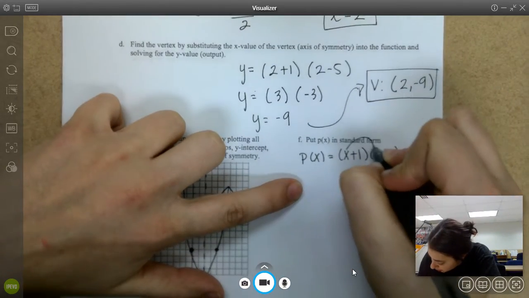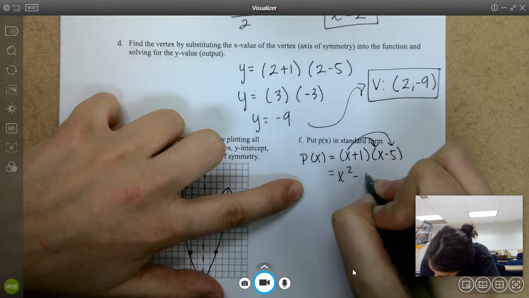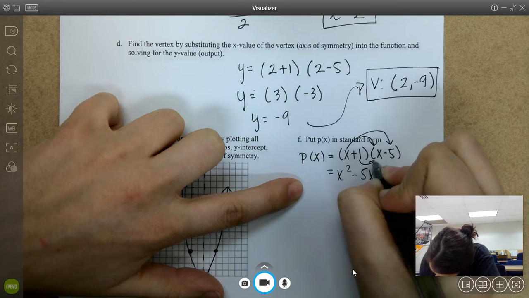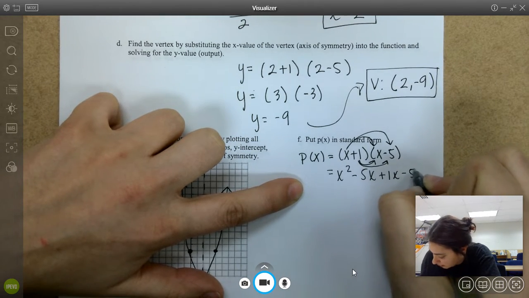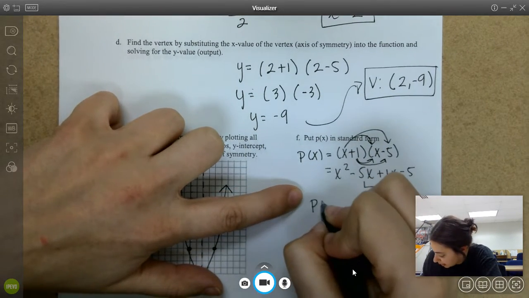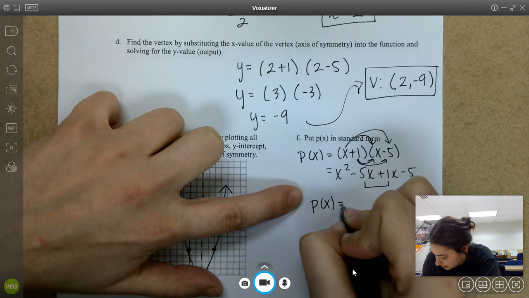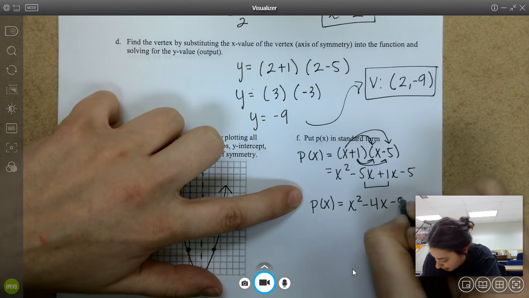We distribute x to both pieces, which becomes x squared minus 5x. We distribute 1 to both pieces, which becomes positive 1x minus 5. Combine like terms, your two middle terms, and in standard form P of x is equal to x squared minus 4x minus 5.